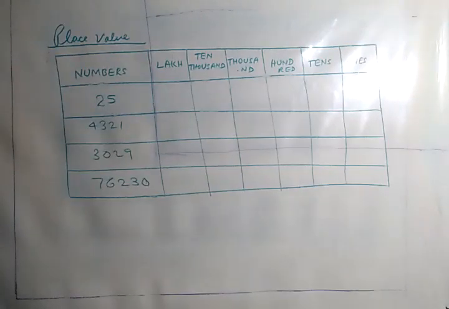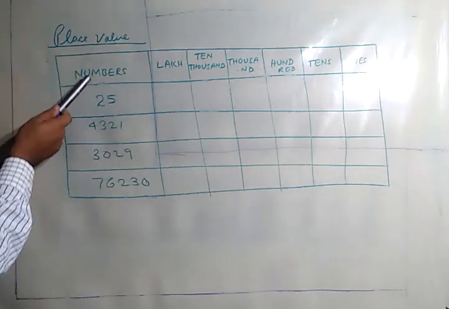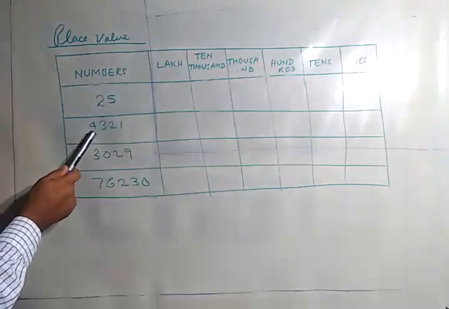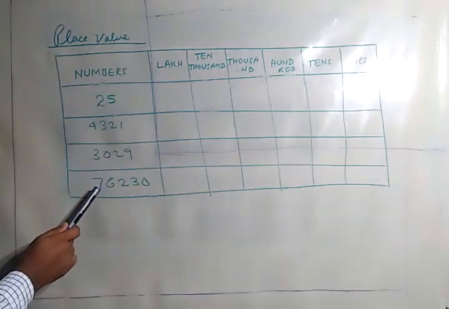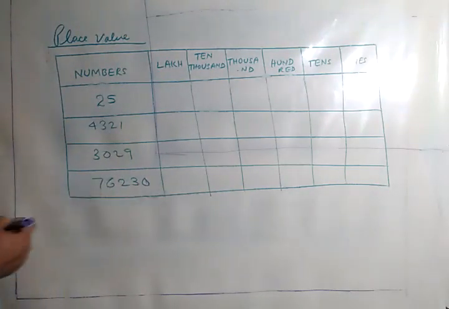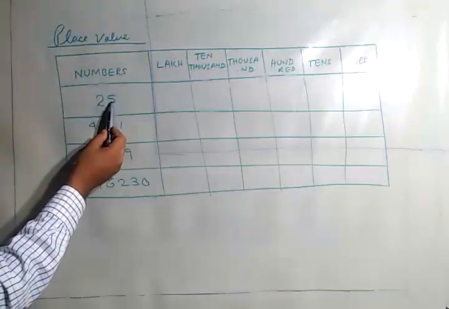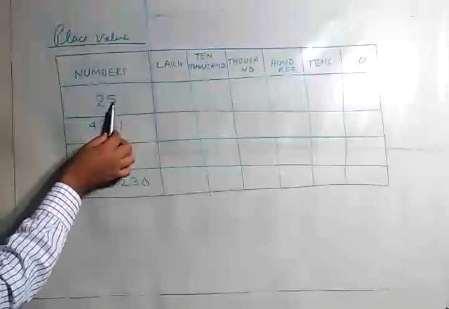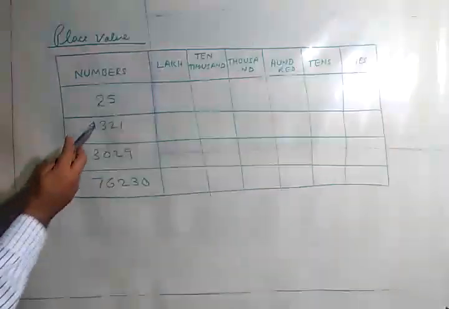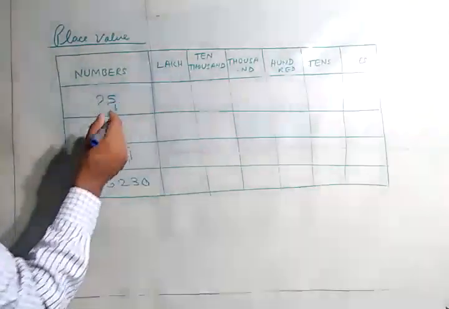As you can see, my dear students, I have drawn one table in which I have written numbers, 2543213029762230, and then here I have written the position. I have said the rightmost side is called ones place, then tens place, and so on. So this is the rightmost side.